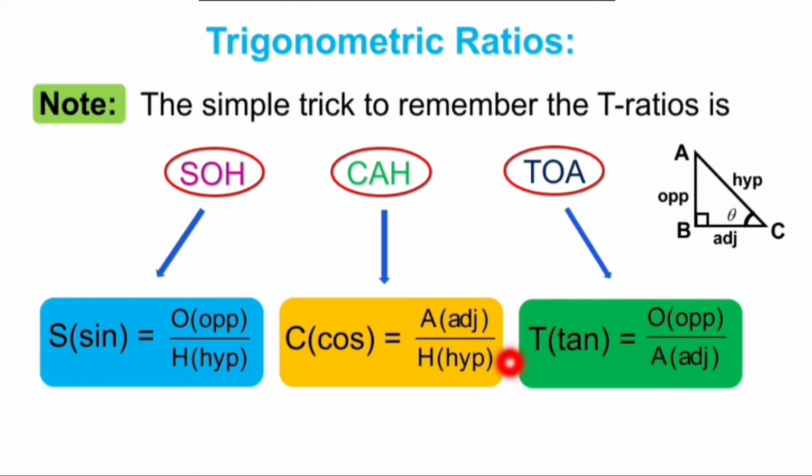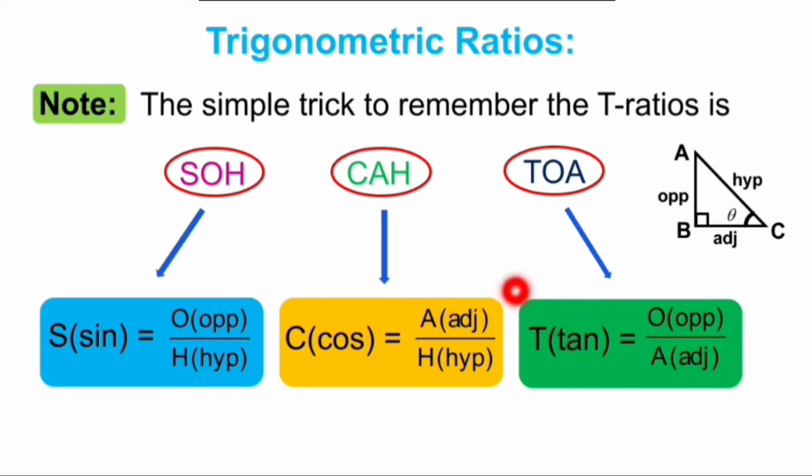Is it clear, children? Now, what about the remaining 3 ratios? Yes, we know that the remaining 3 are the reciprocals of sine, cos and tan.